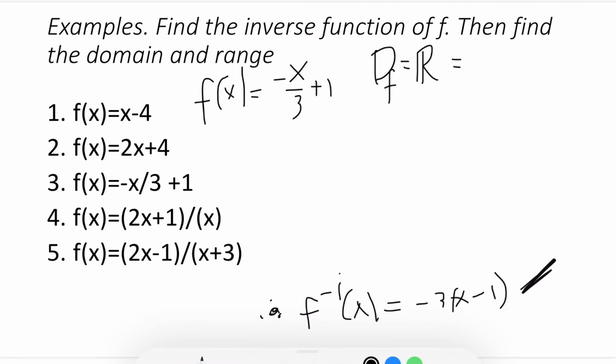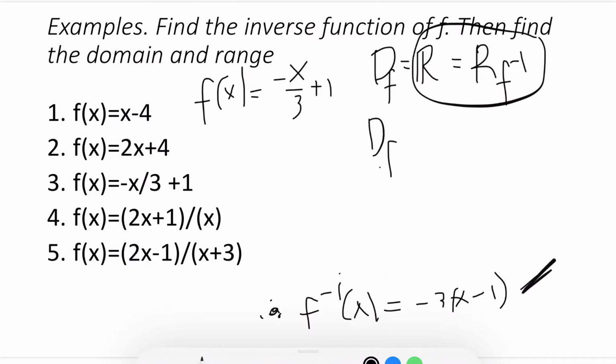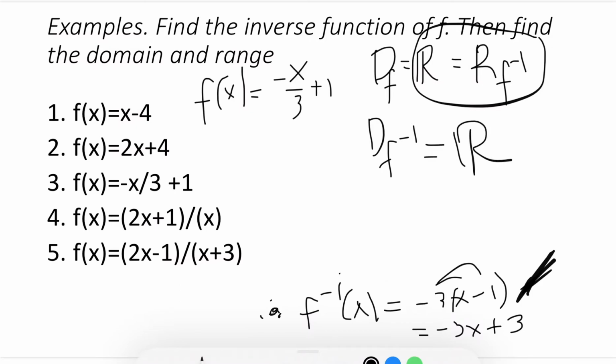Therefore, this will become the range of the f inverse. For the domain of f inverse, we will concentrate here. This is just a polynomial, right? Because we can distribute that. We have negative 3x plus 3, another polynomial. So the set of real numbers.